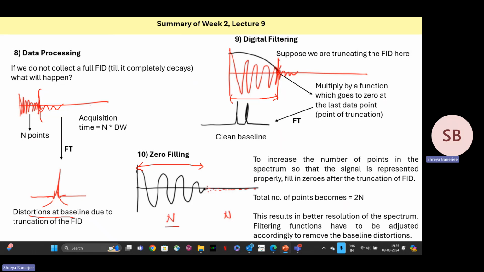What we can do is add n zeros after the point at which the FID is becoming 0. Then the total number of points will become 2n, and this improves the resolution of the spectra. So you are not spending additional time to improve the resolution of the spectra. You are simply adding zeros at the end, and that improves the resolution. This is called zero filling. So these are basically just different tricks and techniques which can be used to obtain the best possible spectrum.